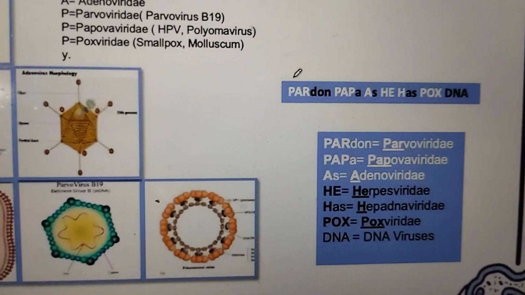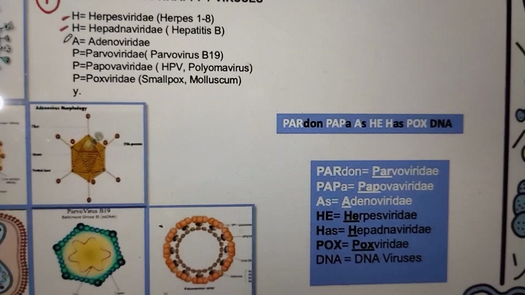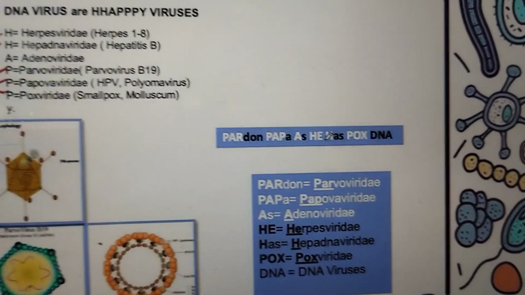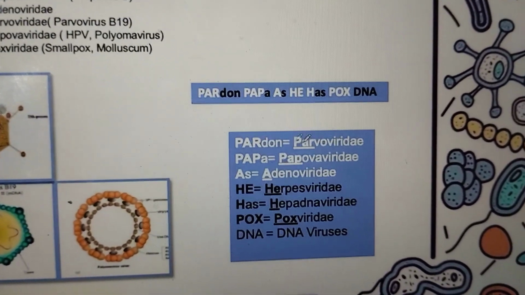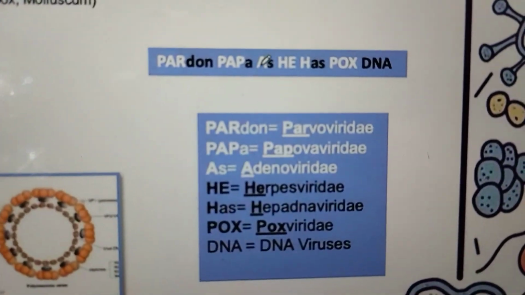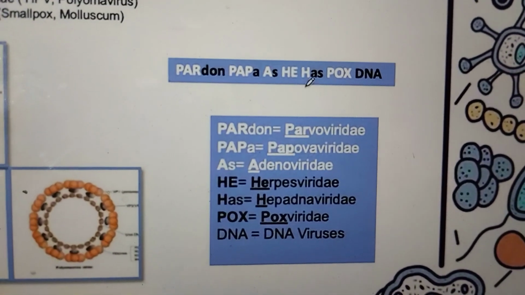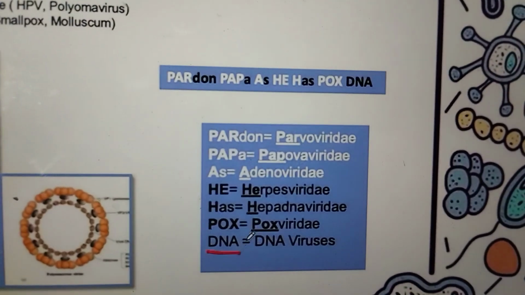But for me, I find the second one much easier because I don't get confused with the H, P. When you say pardon Papa as he has pox DNA, I immediately retain this as pardon, parvovirus, papovaviridae, adeno for as, he, herpes, has, hepadna, pox. So these are all DNA viruses.